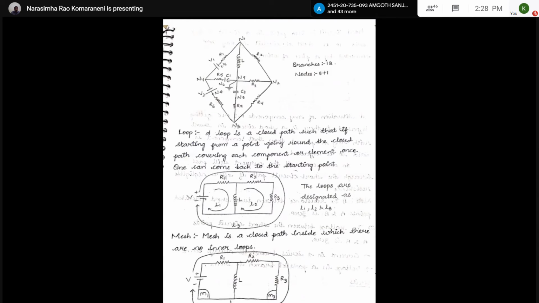Branches means simply you count the network components, circuit components or network elements, right? See how many components are there here. So this is 1, 2, 3, 4, 5, 6, 7, 8, 9, 10, 11, 12. 12 branches. Yes, is it clear?